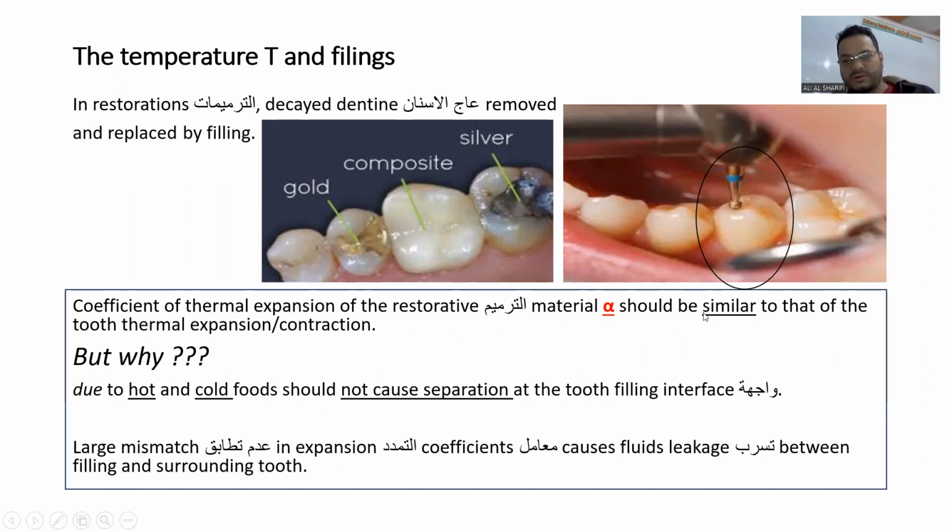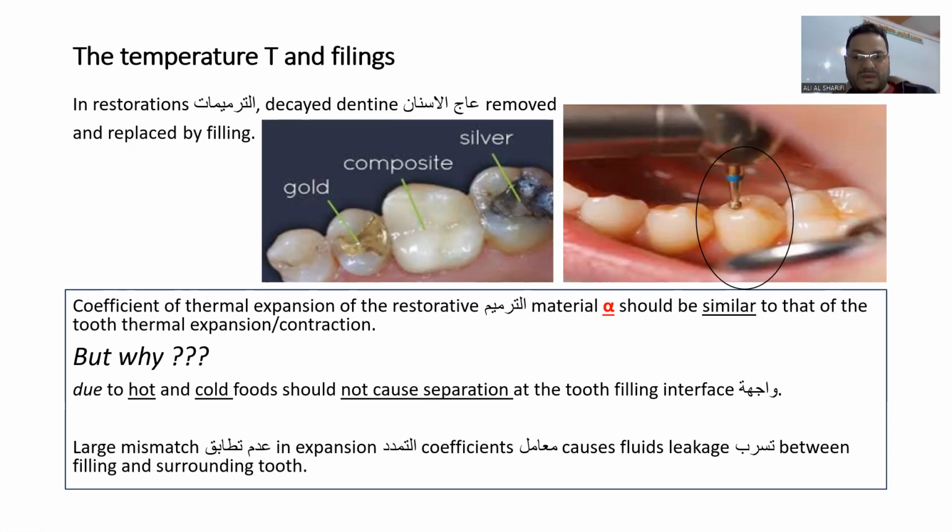If you do something less or more, something different from this statement, you will face a problem with your patient. By that, alpha of the material should be similar to that of the tooth thermal expansion or contraction.